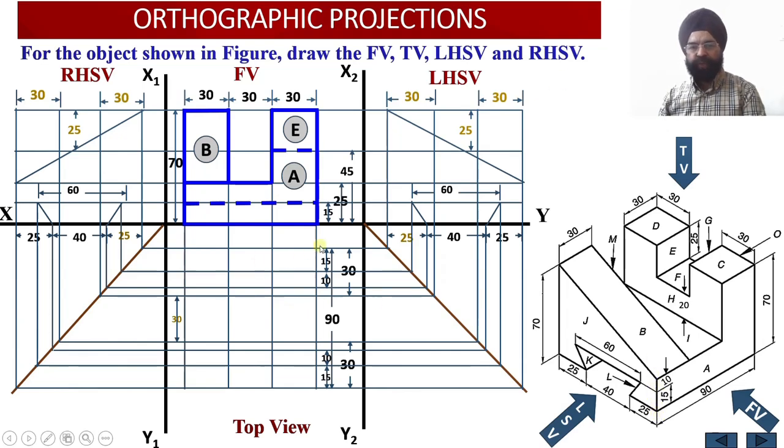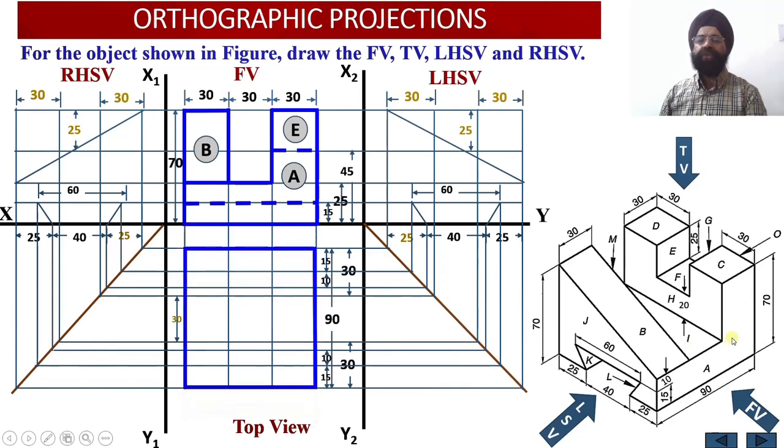Over here the height will be 70 millimeter, and over here the height will be 25 millimeter. And now I have been able to obtain the projections corresponding to all the edges of the solid.